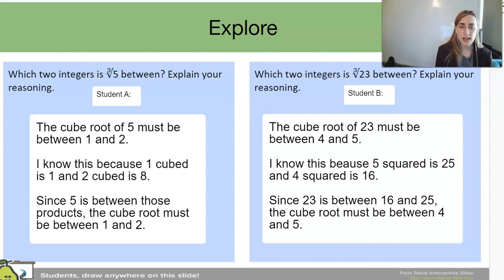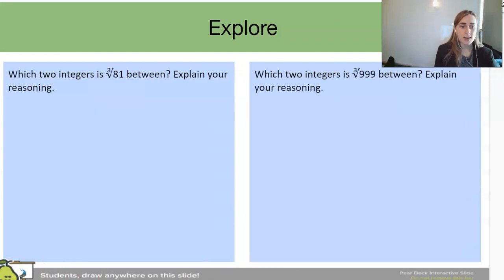Once you've had enough time to think about student A and student B and see how that might change or reinforce your answer, we'll move ahead to slide C. On slide C, we have two very similar questions. On the left, which two integers is the cube root of 81 between? Explain your reasoning.